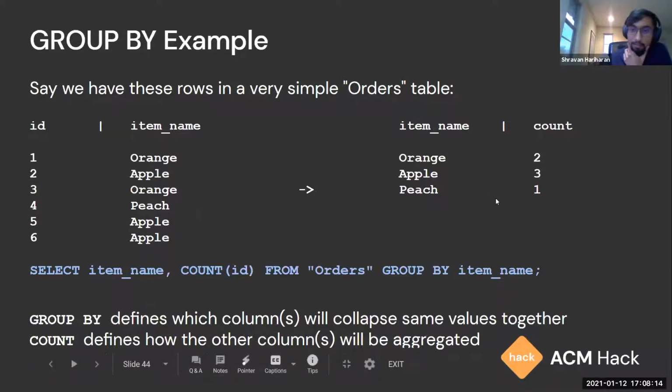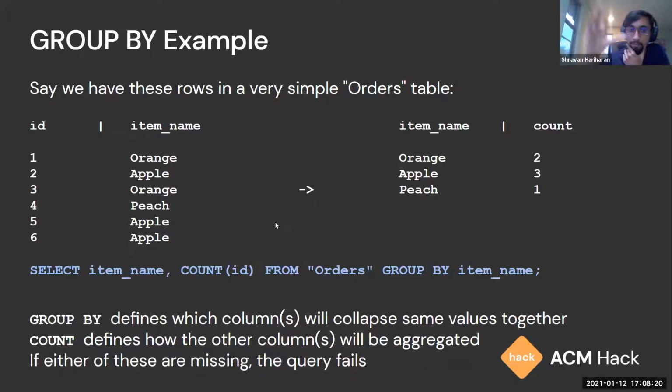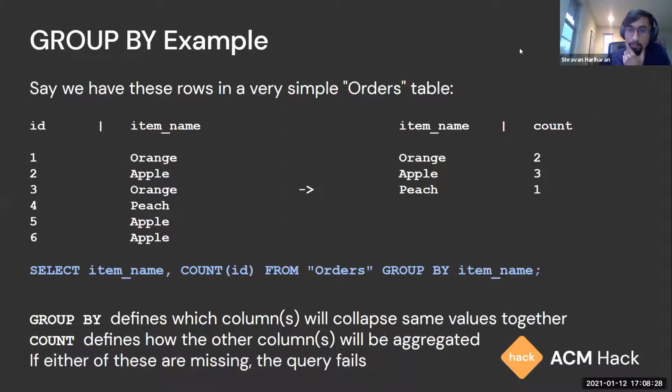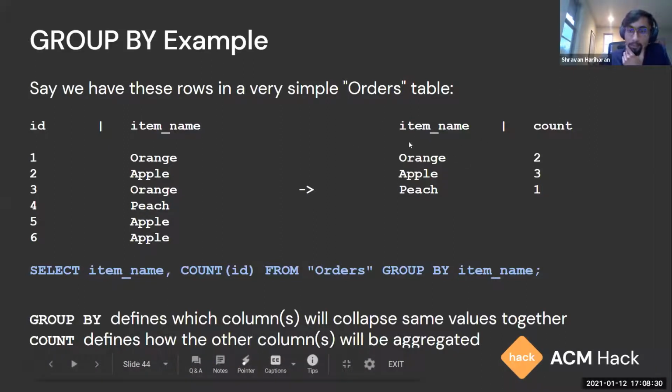What count does is it outputs the count of the aggregate of the rows. So when you use count, you sum up the number of rows that have the matching item name that's grouped by. So this will output the number of oranges, the number of apples, and the number of peaches.